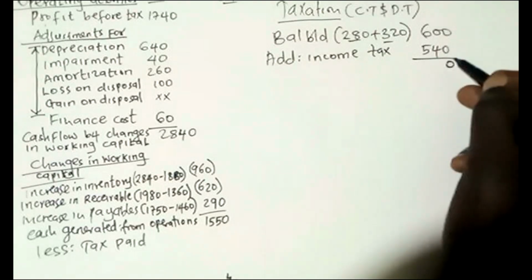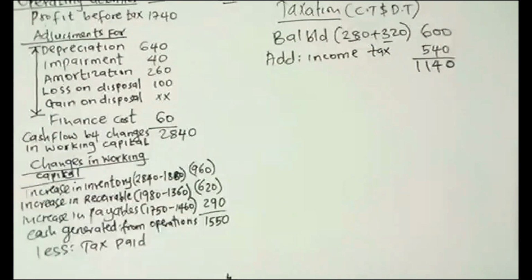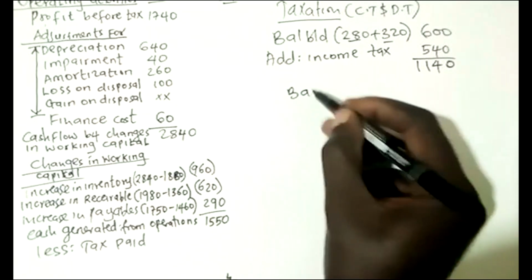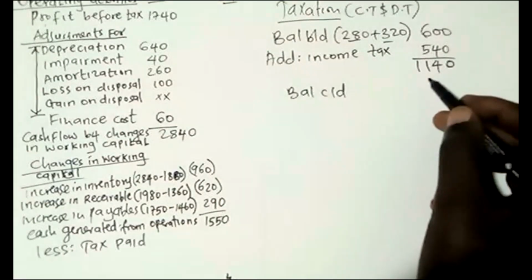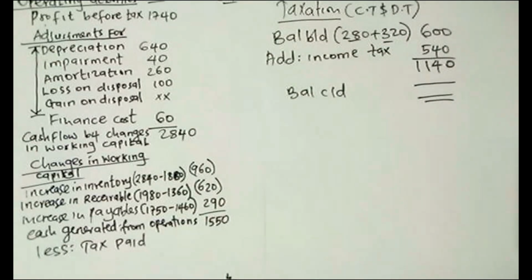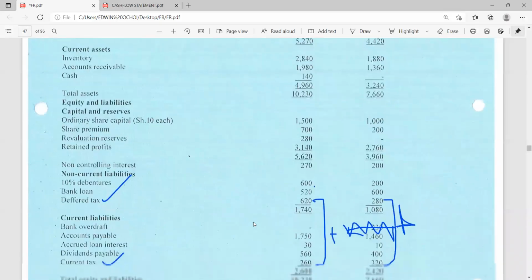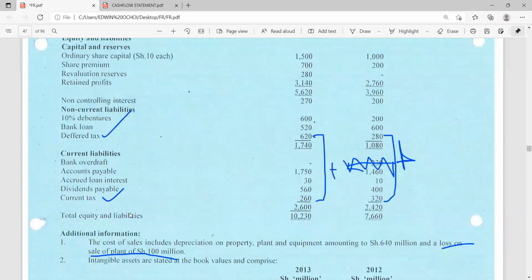So the total tax Uongozi was supposed to pay is 1140. But now at the end, the tax which is supposed to be paid is of which amount? You combine deferred tax, 620, current tax, 260.